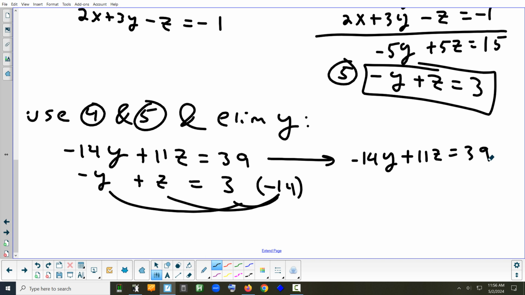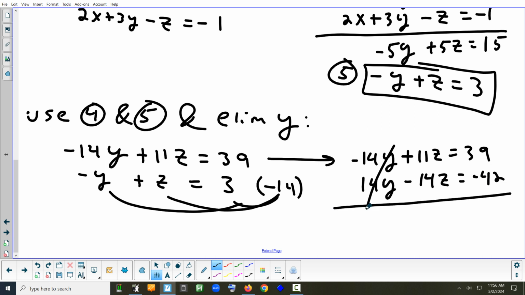So we get 14y minus 14z. And then negative 42. Negative 14 times 3 is negative 42.